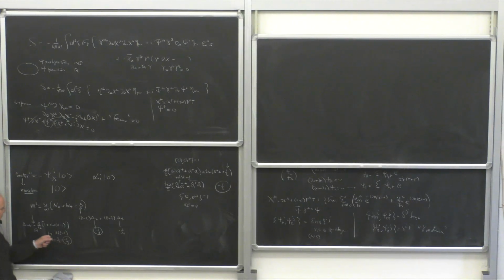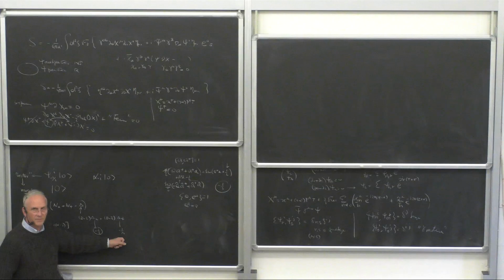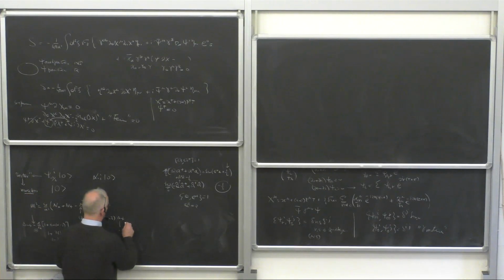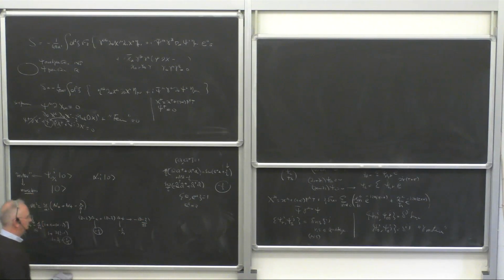So minus 1/2 would be plus 1/24, but since they are fermions, it is minus 1/24. Now add these numbers. This is 1 over 24 plus 2 over 24. Altogether is minus 3 over 24. So together is minus (d minus 2) over 8, because 3 over 24 is 1/8.